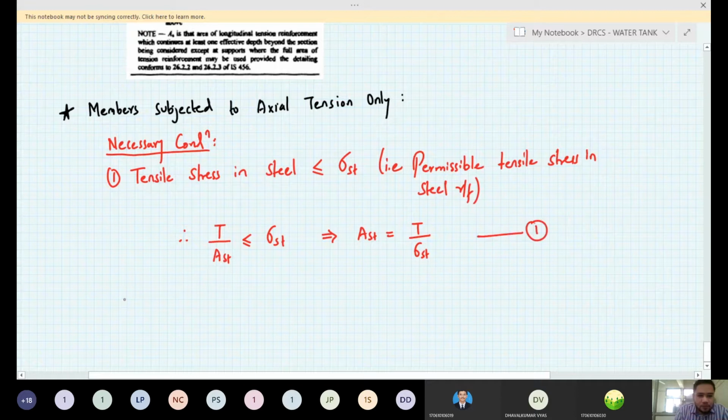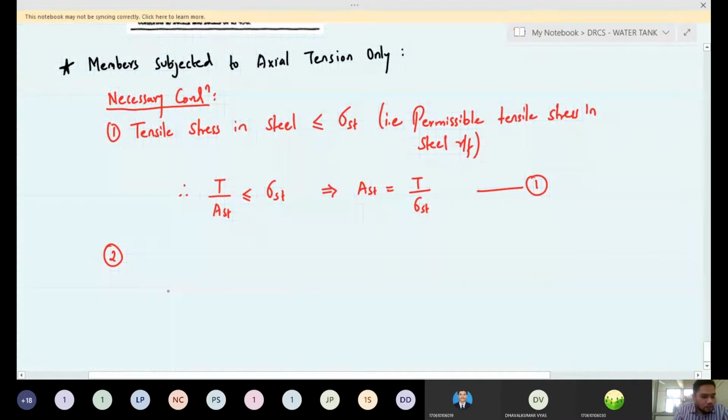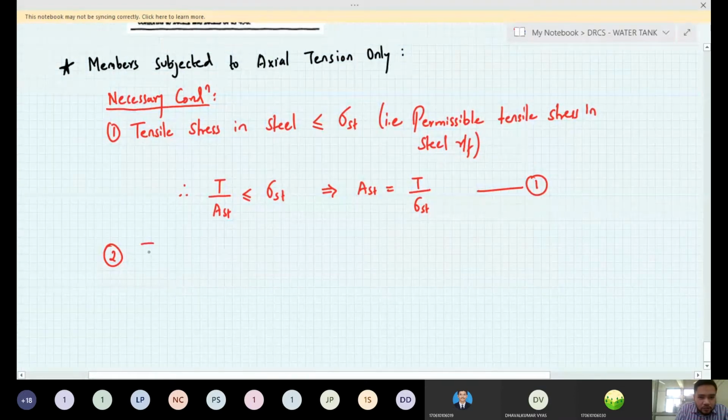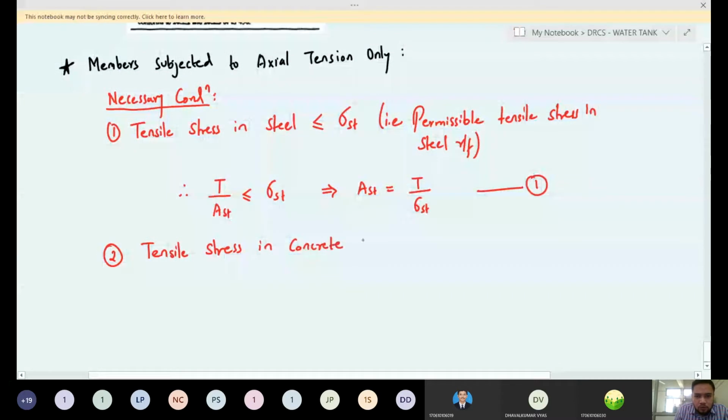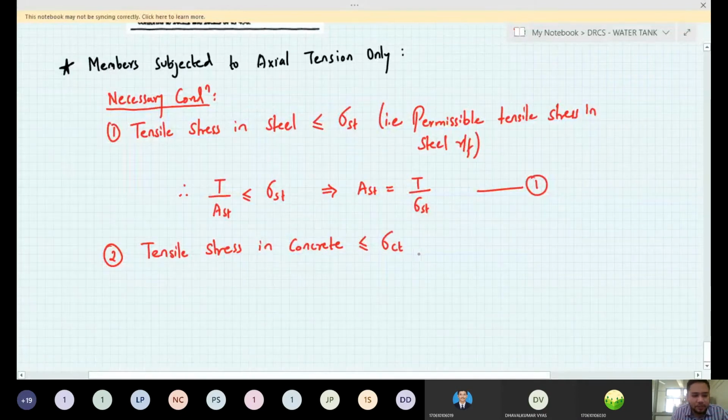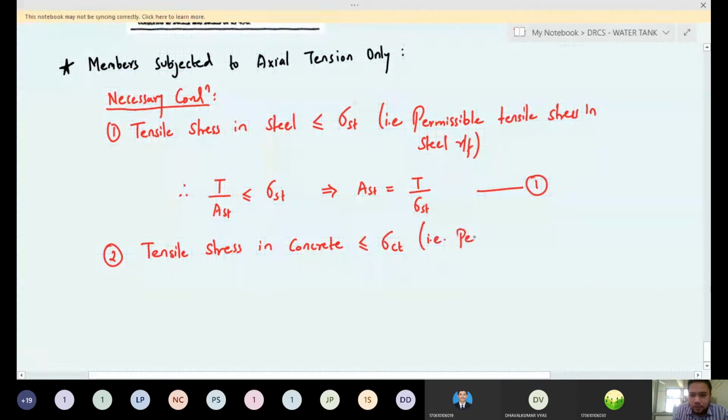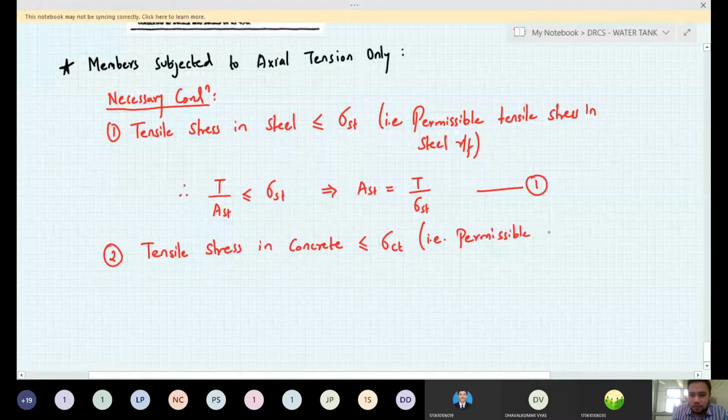Okay, the second condition is that the tensile stress in concrete should be less than or equal to sigma ct, that is the permissible stress in concrete under direct tension.